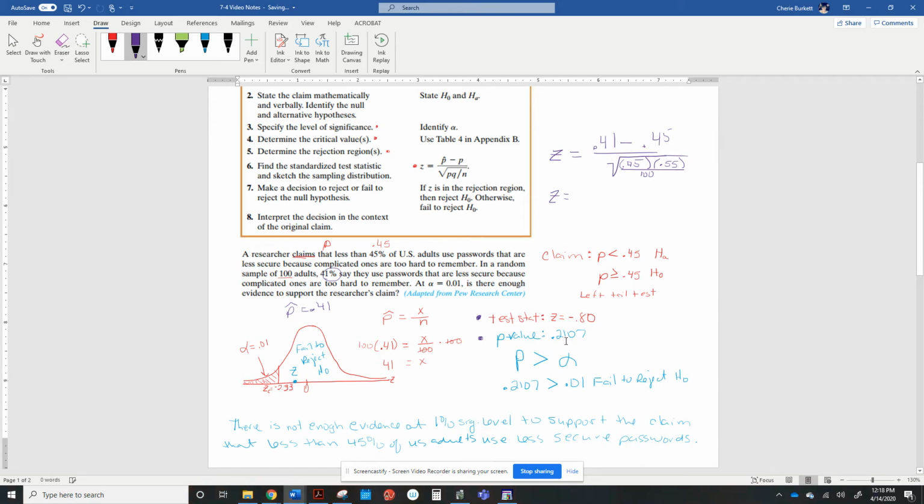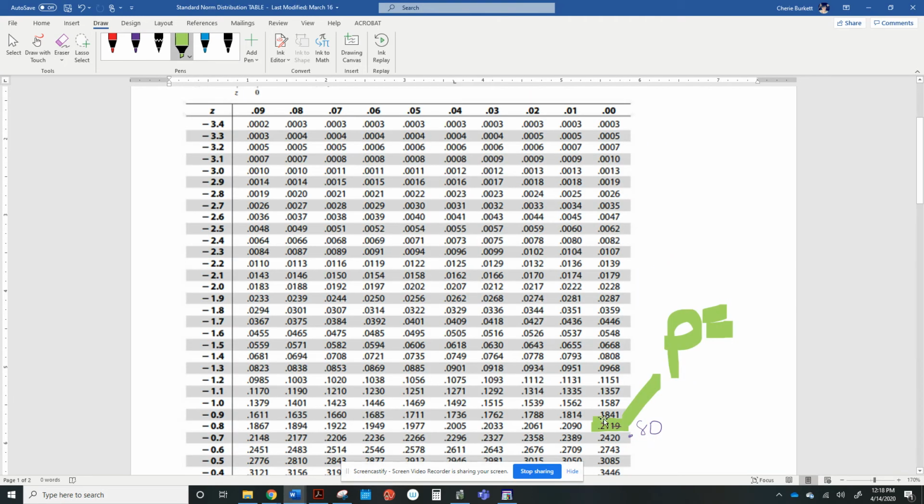Now, StatCrunch said it was 0.2107. And what did the table show us? 0.2119. So it is a little bit of difference. That's because this table is using round off error, and it wasn't exactly 0.80.